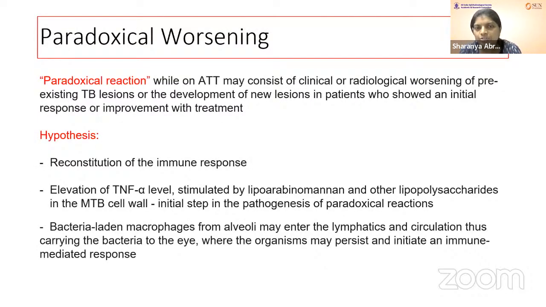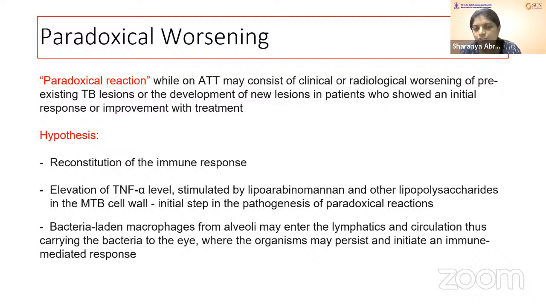So a paradoxical reaction while on ATT may consist of either clinical or radiological worsening of a pre-existing TB lesion or the development of a new lesion in patients who showed an initial good response. There are various hypotheses for this. One is the reconstitution of the immune response itself to treatment. The other is an elevation of the TNF alpha levels stimulated by lipopolysaccharides in the mycobacterial cell wall.